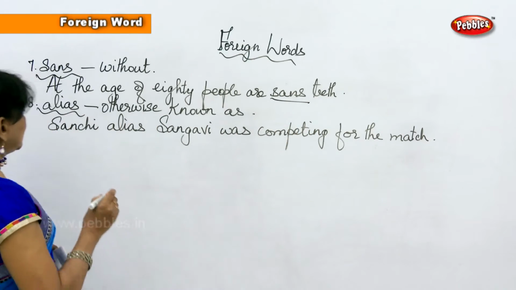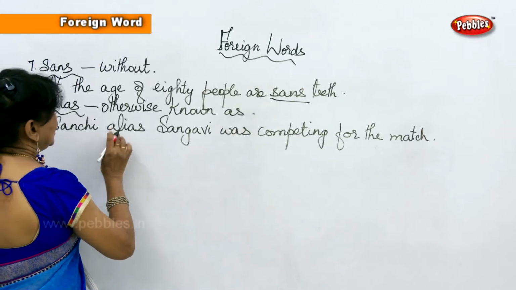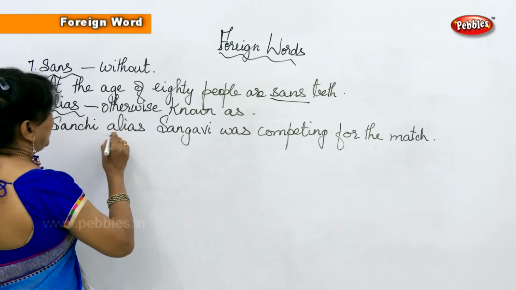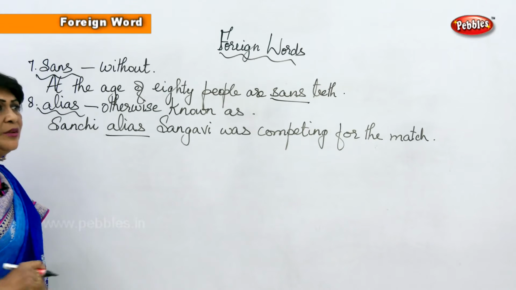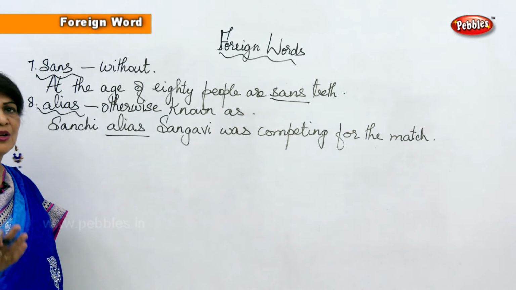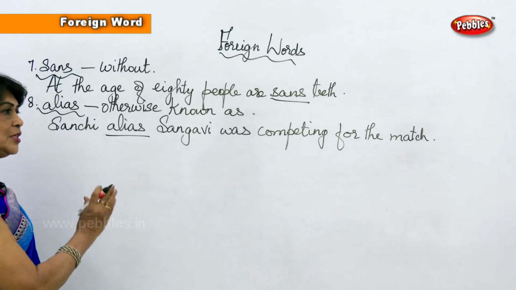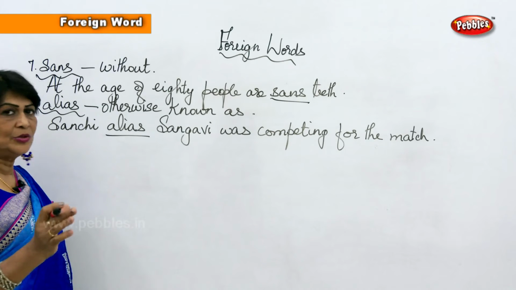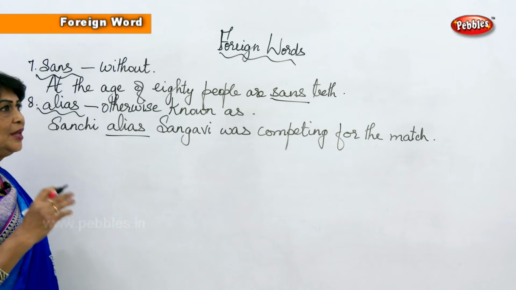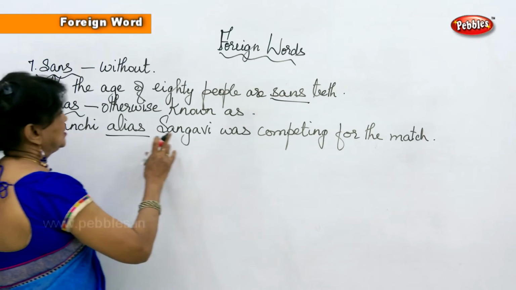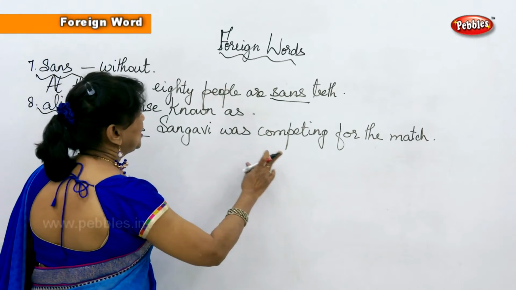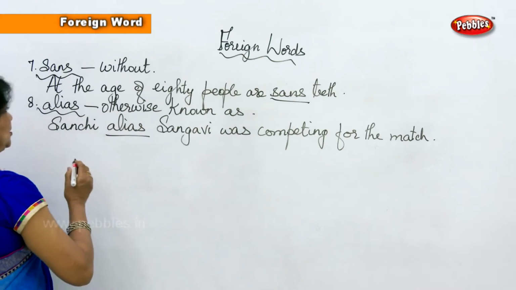Now look at this, Sanchi alias Sangavi, otherwise known as. Sometimes even in the wedding invitation card or anything you find so and so alias so and so. That means otherwise known as. Okay, Sanchi alias Sangavi was competing for the match.